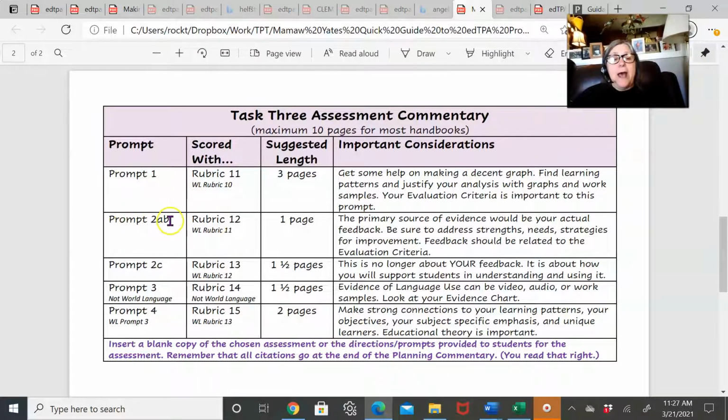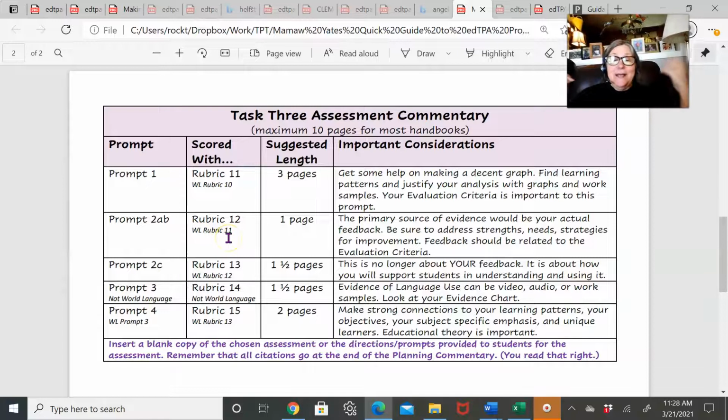Prompt 2A and B are scored with rubric 12, and prompt 2C is scored with rubric 13. Again, this is a mistake a lot of people make. They think 2A is 2, but they don't realize that they've got to write just as much for 2C as they did for 2B.